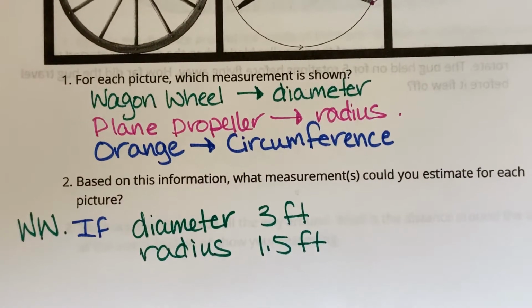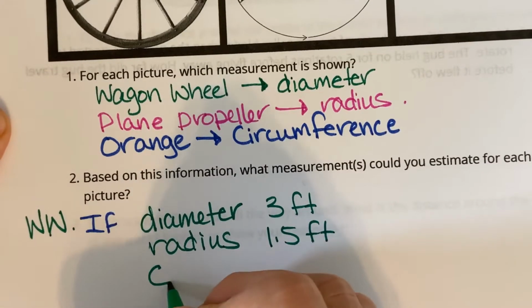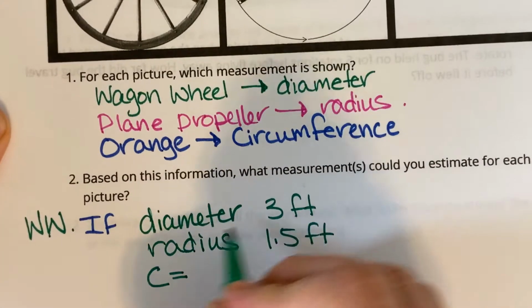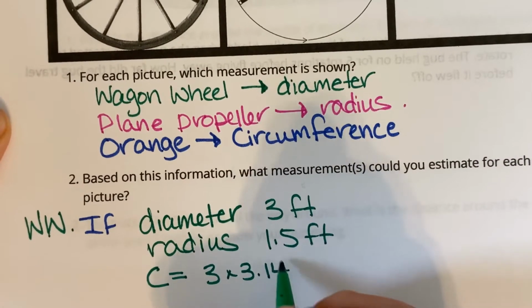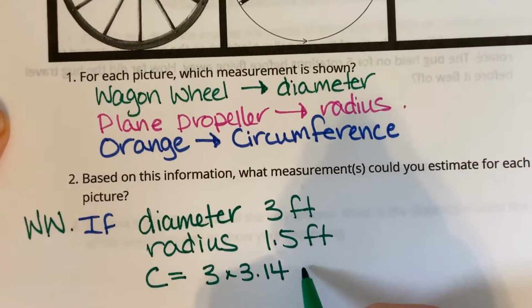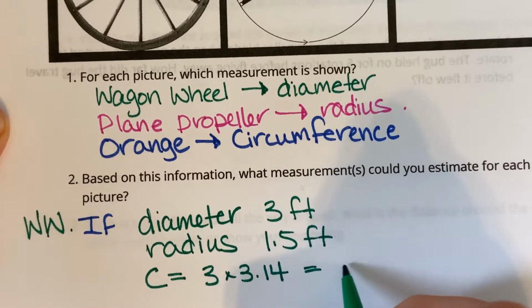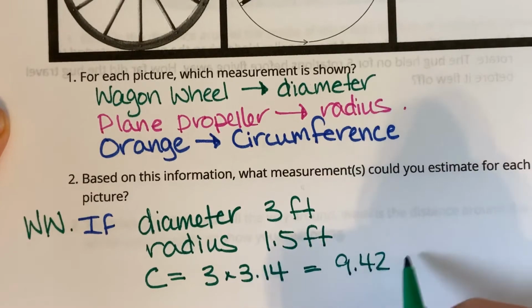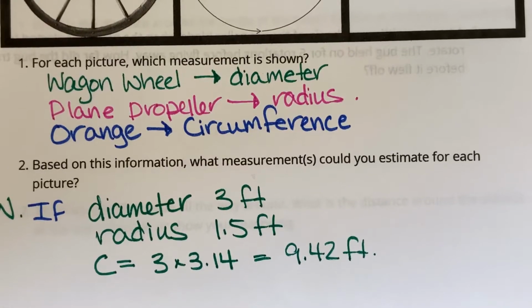And I could also estimate the circumference. So the circumference would be the diameter times pi. So 3 times 3.14 gives me 9.42. So from the diameter, I could find the other 2 things.